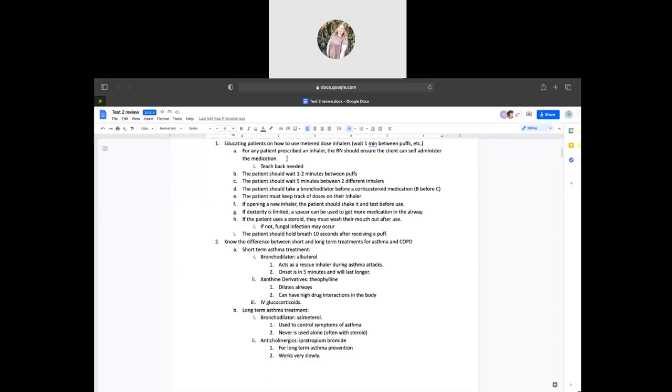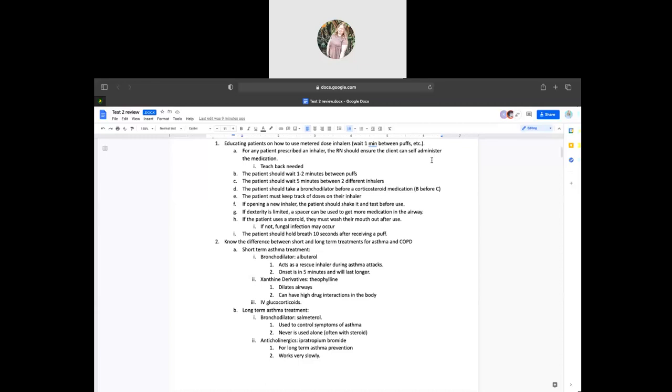If they don't know how to administer that inhaler correctly, then their asthma attack's not going to be able to be cured. And so we need to make sure before that patient leaves the hospital or the unit or the clinic office that they know how to administer their inhaler correctly in case of an emergency.